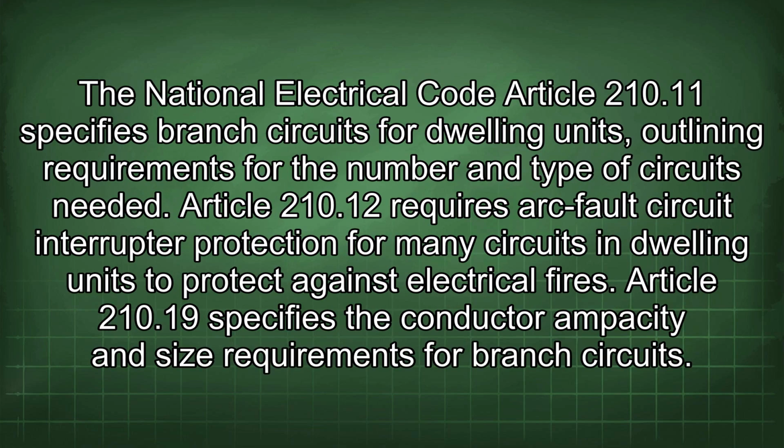The National Electrical Code Article 210.11 specifies branch circuits for dwelling units, outlining requirements for the number and type of circuits needed. Article 210.12 requires arc fault circuit interrupter protection for many circuits in dwelling units to protect against electrical fires. Article 210.19 specifies the conductor ampacity and size requirements for branch circuits.